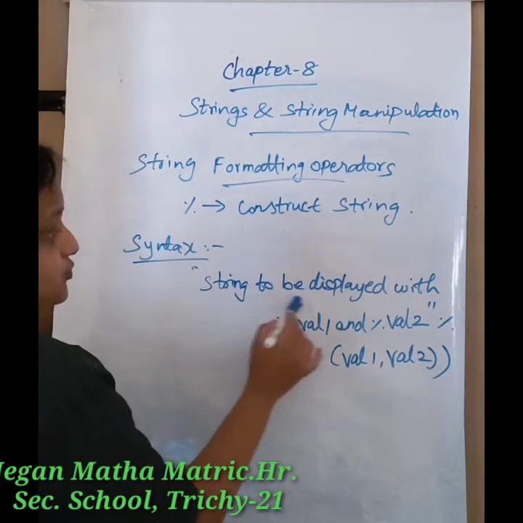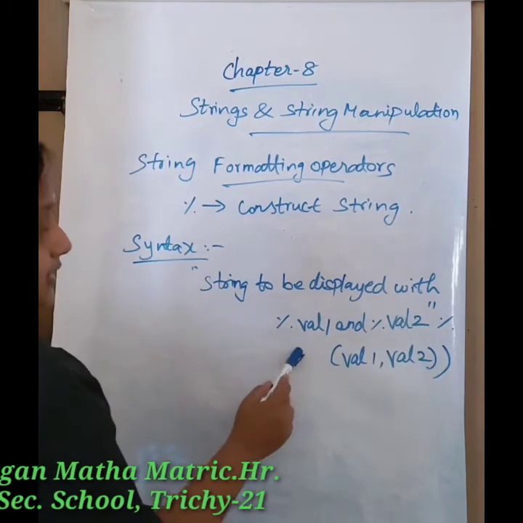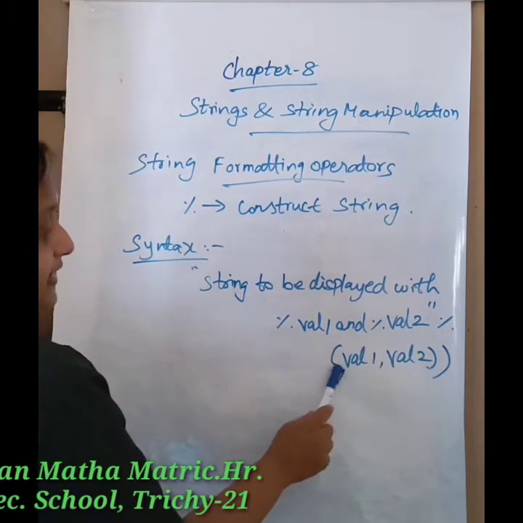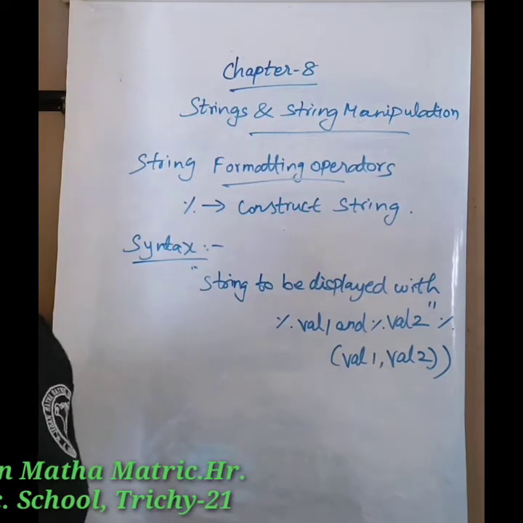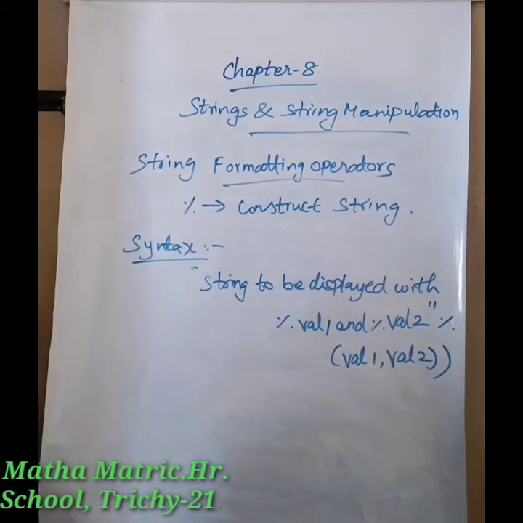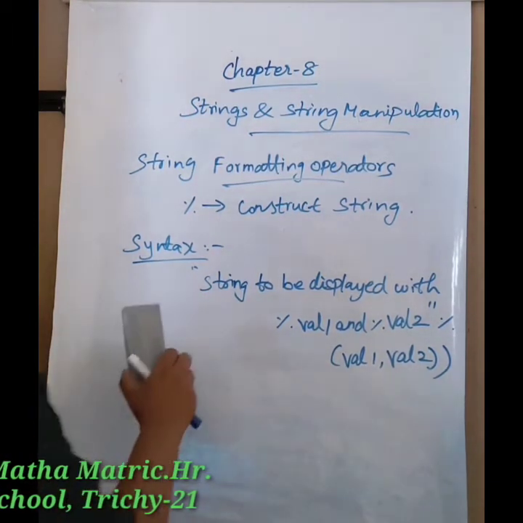Syntax: string to be displayed with %s and %d, and then finally we are going to use value 1 and value 2. Let us see a simple example for the string formatting operator.